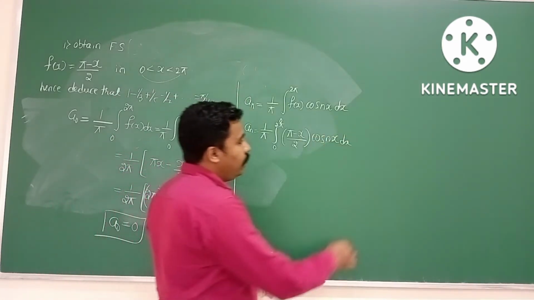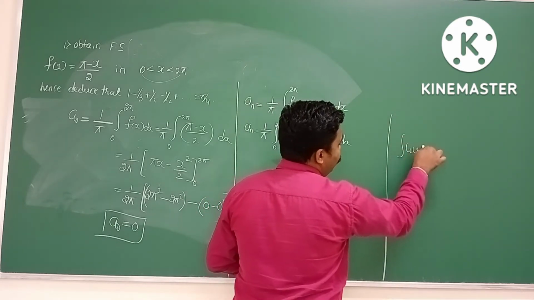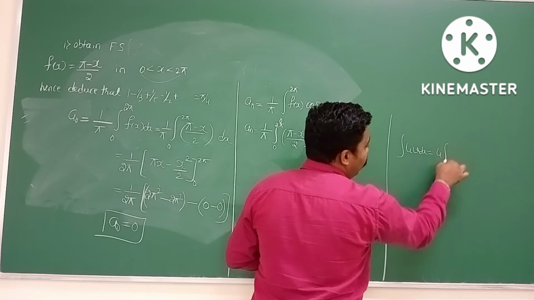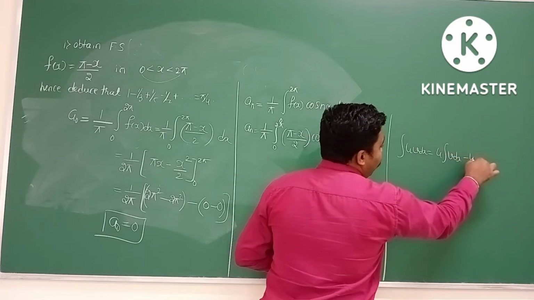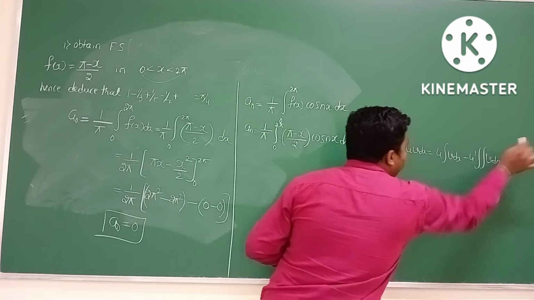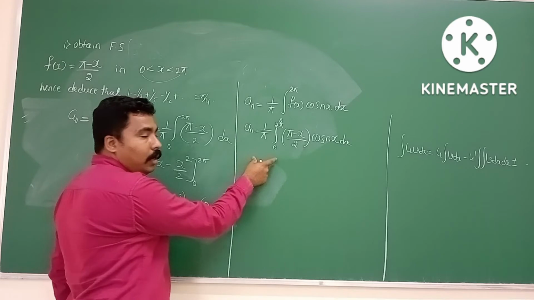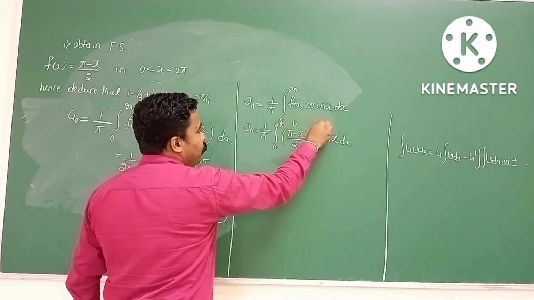Now we know the integration by parts standard rule, that is Bernoulli's rule: integral of u v dx equals u integral v dx minus u dash double integral v dx plus or minus etc. We have to apply that formula for this particular problem. Here this is u, this is v.